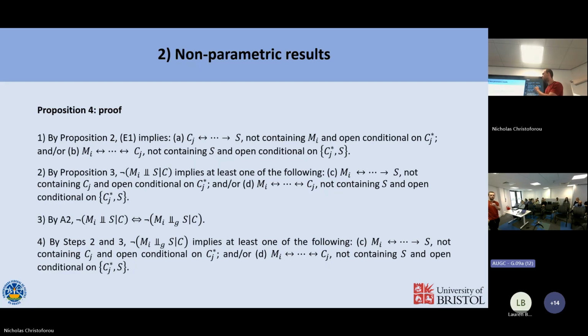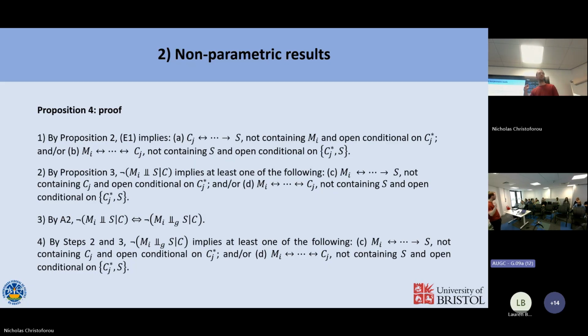There is at least one open path between Cj and S, not containing Mi, and open conditional on all other covariates. And B, there is an open path between Mi and Cj, not containing S, and open conditional on all other covariates and S. So this is just a recap of what proposition 2 said.